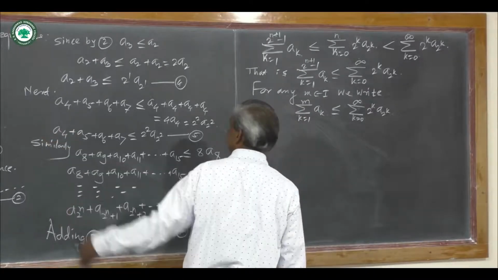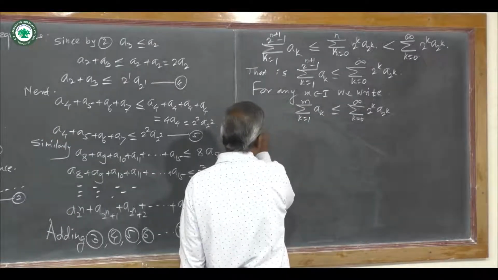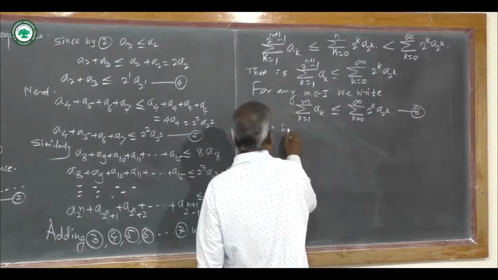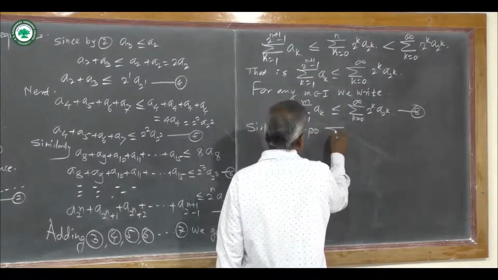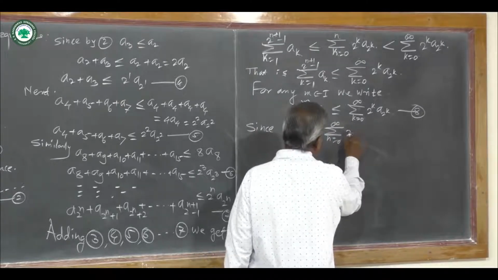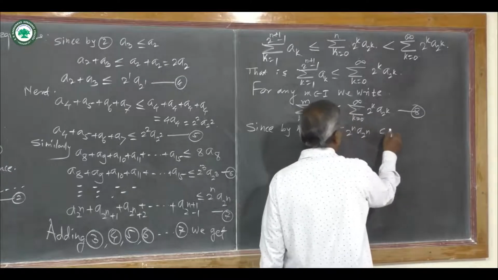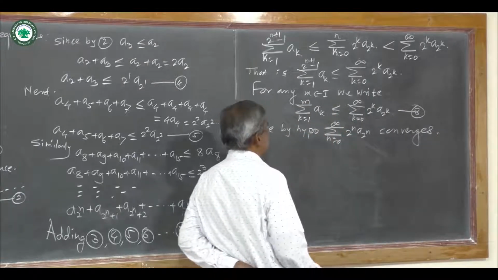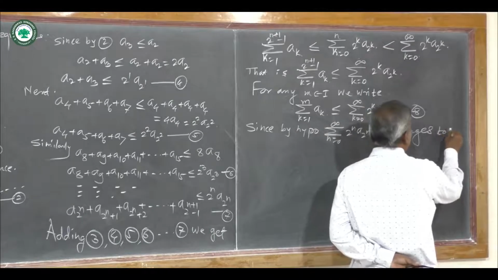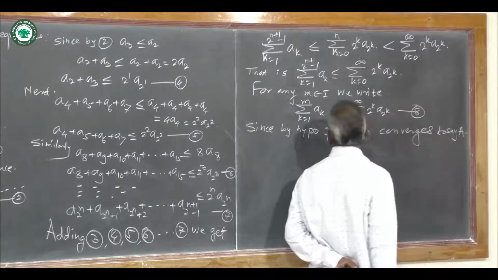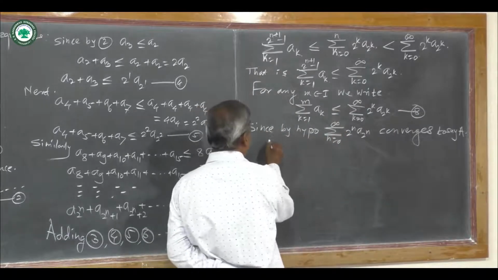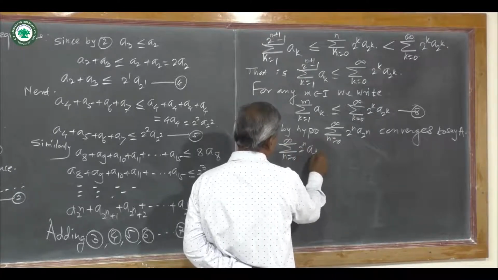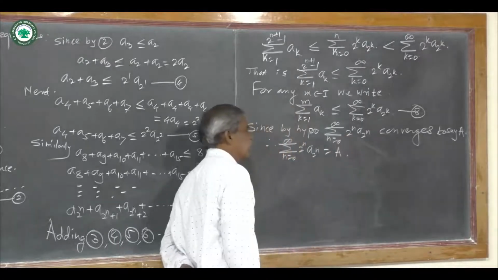Since by hypothesis, summation n is equal to 0 to infinity 2 raised to n into a suffix 2 raised to n converges, say to capital A. Therefore, we write sigma n is equal to 0 to infinity 2 raised to n into a suffix 2 raised to n is equal to capital A.